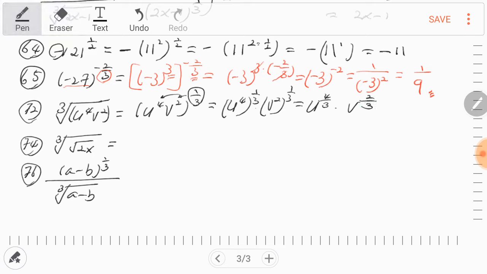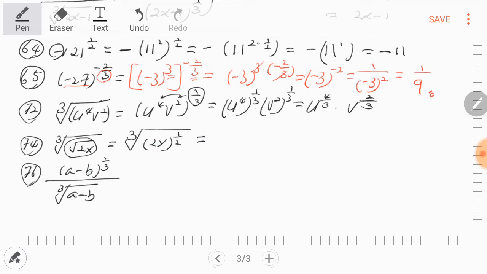Okay, the next one. The radical has another radical inside. So let's simplify the radical that is inside. The square root of 2x is what? 2x raised to the 1/2.